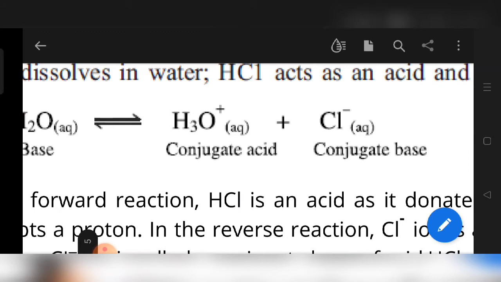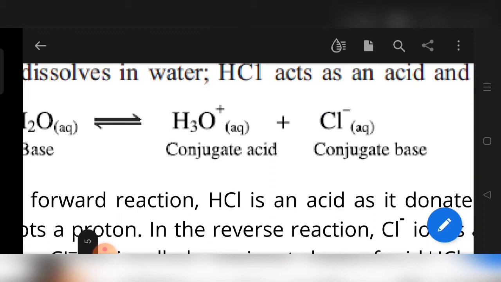It means it can again donate a proton. That's why it is called a conjugate acid. And the second one is the chloride ion. In this product, chloride has a negative charge, and it can accept hydrogen from the water molecule. That's why it acts as a conjugate base.